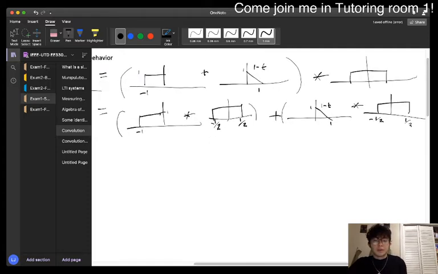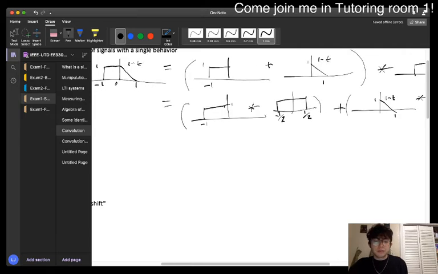Right, so this rectangle convolved with another rectangle looks like a rectangle but shifted over a bit.